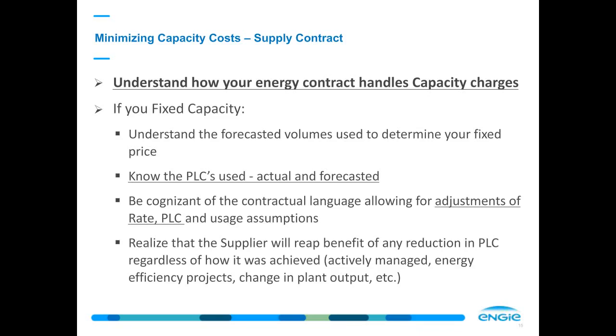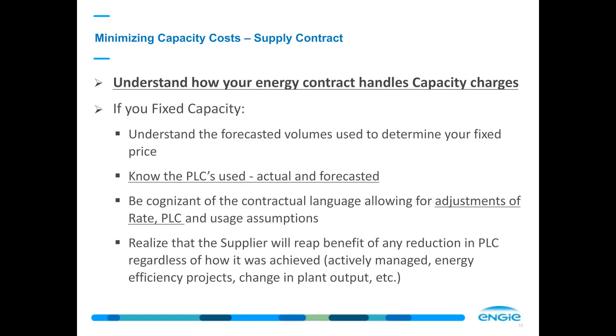So now they're going to be bidding their fixed price, and their capacity costs are actually higher on a $1 per megawatt hour basis. Whereas if another supplier is estimating that you're going to use 60,000 megawatt hours a year, they can actually be giving you a quote that's significantly lower than the other supplier, because they're taking that $50,000 and amortizing it over more volume. So again, it introduces volumetric uncertainty.